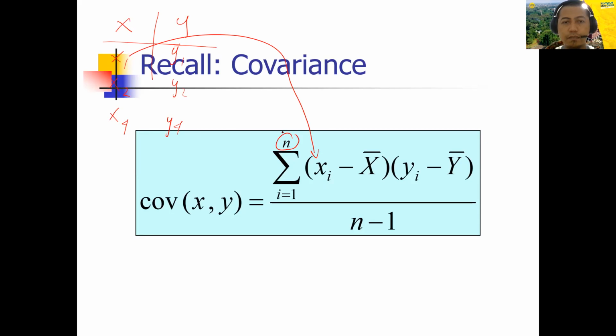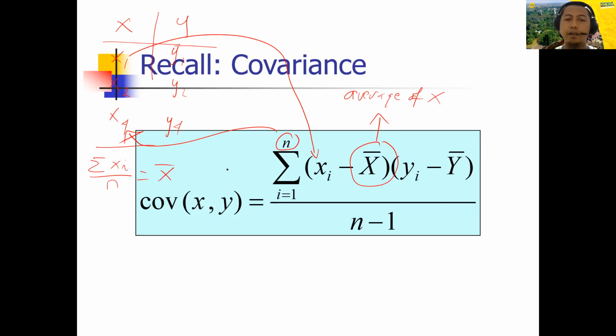The n is the number of data you have, and this is the average of x. You can sum all the xi together and divide by the number n. That's the x bar.